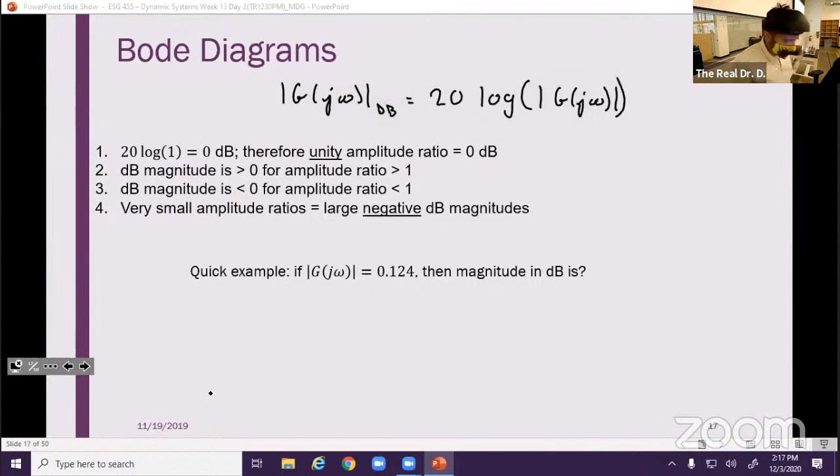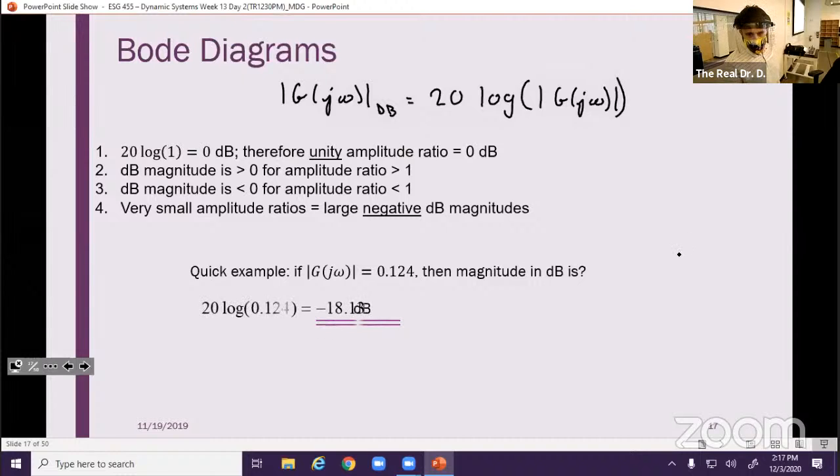And so the log of 0.124. Confirmed. It is negative 18.13 dB.